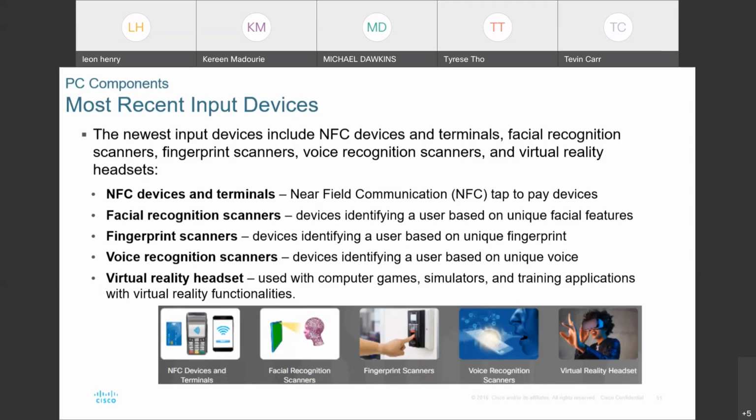And you have the virtual reality headset, which is used with computer games. Most of you probably have experience of this. Not only is it in a headset, but when you go to some games room like Cooperative, you might see some of the games there.